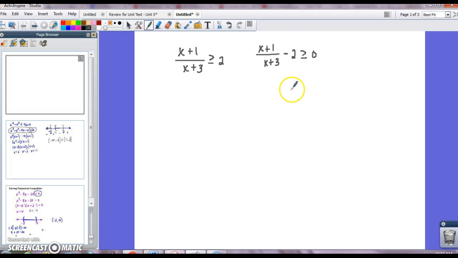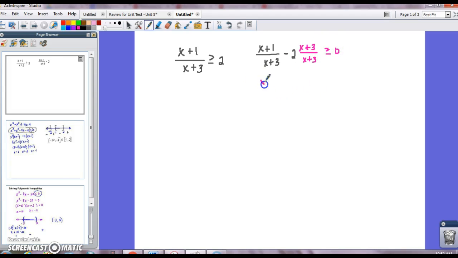And if I were to leave it like this, it's a little bit messier. So what I want to do is get a common denominator. So I am going to multiply this side by x plus 3 over x plus 3, so I have a common denominator. And that was greater than or equal to 0.